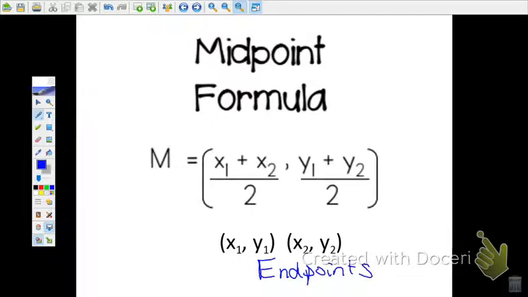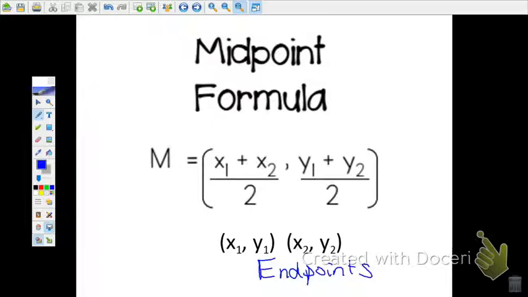One of those endpoints would be our x sub 1, y sub 1. The other coordinate would be the x sub 2, y sub 2. We're trying to find that midpoint, that middle piece in between those two given endpoints.